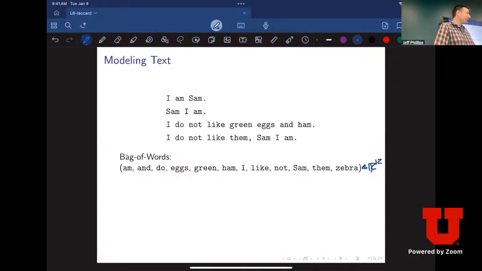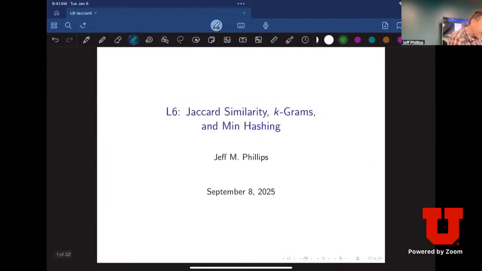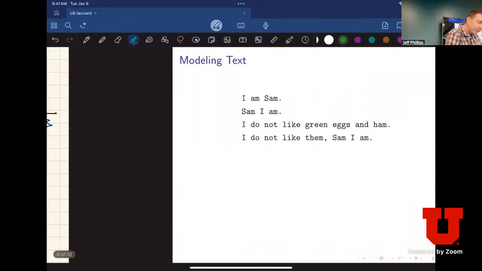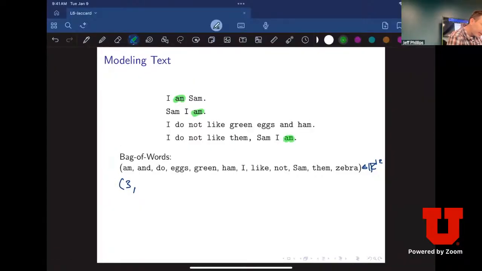Then what it would do is take this as a document, not looking at individual words, but what this whole document is about, and ask how frequently various words occurred. So the word am shows up 3 times, right? So I'm going to write down a vector. This word am occurred 3 times here, here, and here.